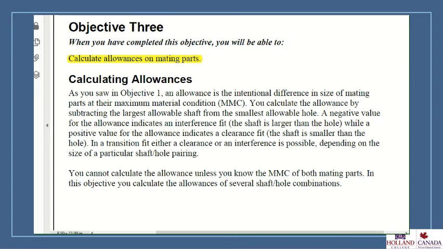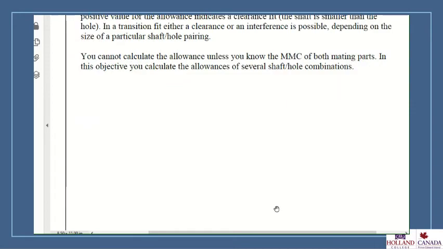A negative value equals interference, while a positive value equals clearance. In transition fit, either clearance or interference is possible, depending on the size of a particular shaft and hole pair. You cannot calculate the allowances unless you know the MMC of both mating parts. In this objective, you calculate the allowances of several combinations.